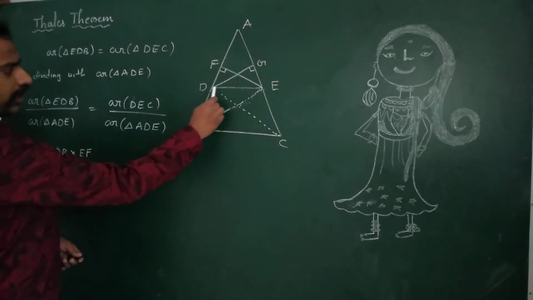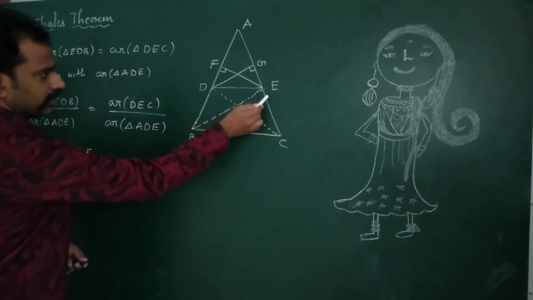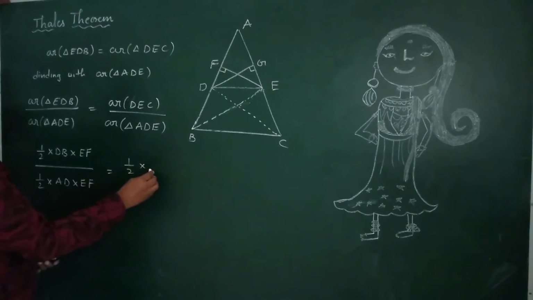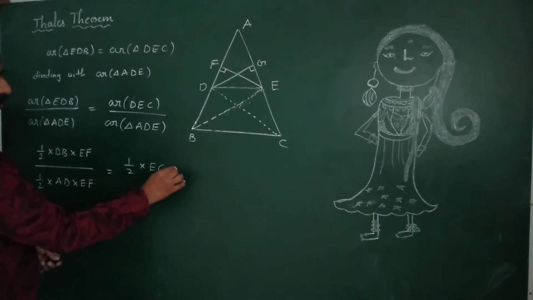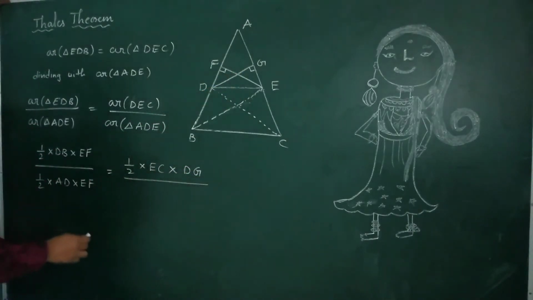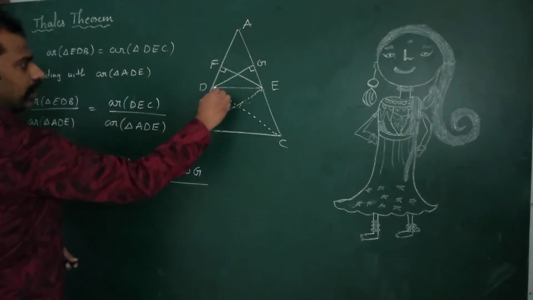Similarly, for the area of triangle DEC, I will take EC as the base and height as DG. So half into EC into DG. For the area of triangle ADE, I am writing the base as AE and height as DG.